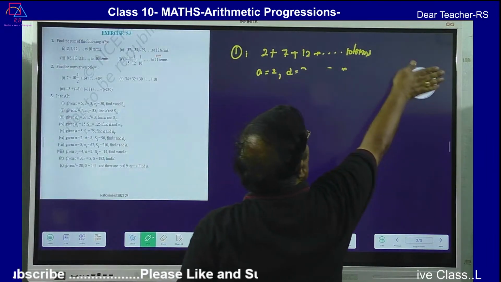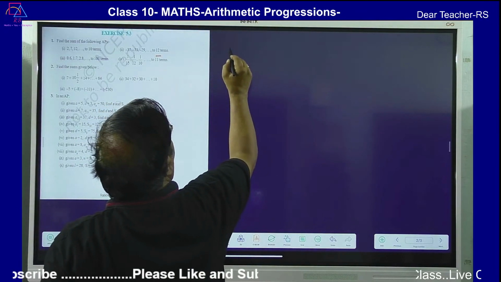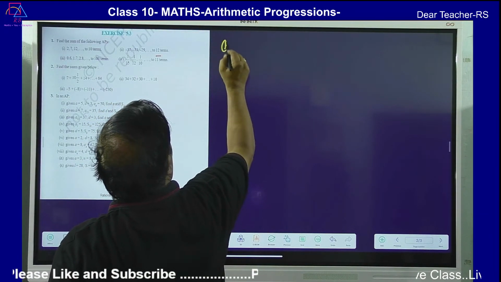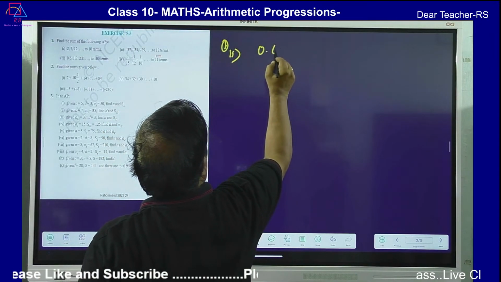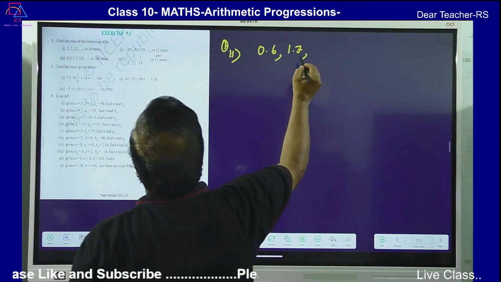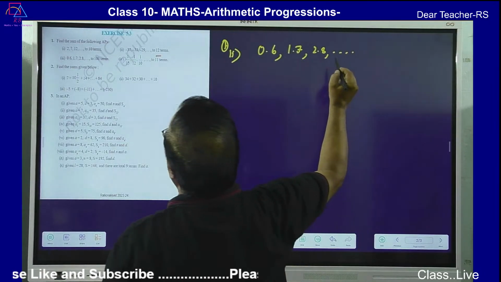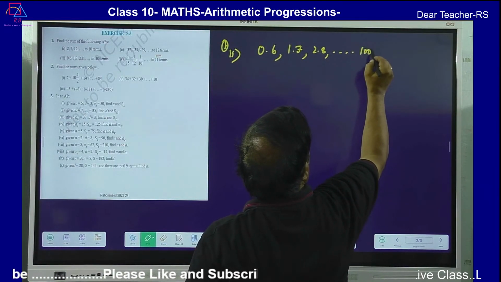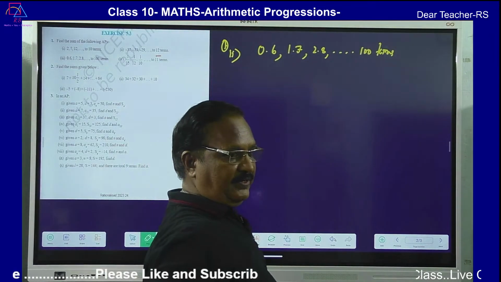Let me do the first question. Decimal problems I'll do. Say 0.6, 1.7, 2.8 and so on, 100 terms. That means the sum of 100 terms you have to find out.